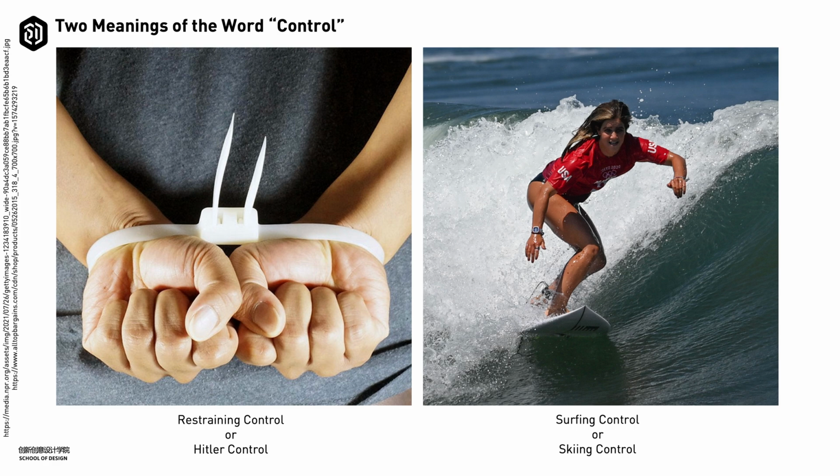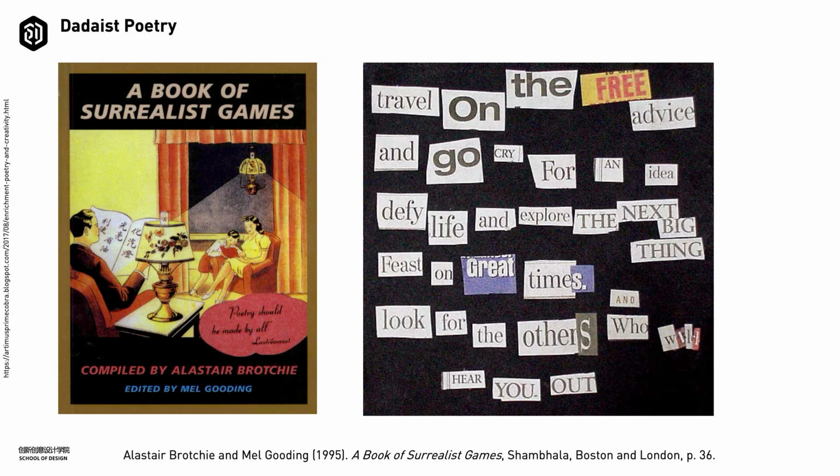That is very different from the control of a surfer who maintains stability in the face of perturbation and the changing waves. And this kind of surfing control is basically at the heart of conversational cybernetic design processes that go back further in time than the history of cybernetics itself. The surrealists and the Dadaists had creativity methods, for example, that are very conversational.